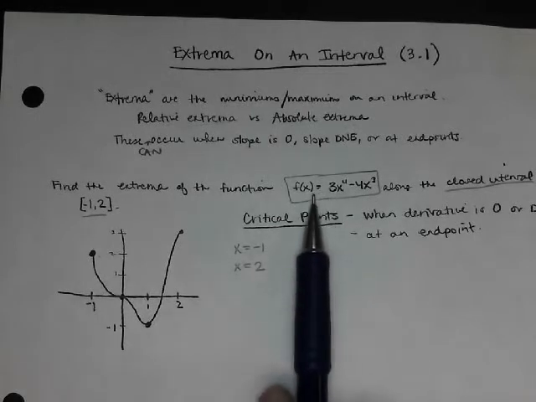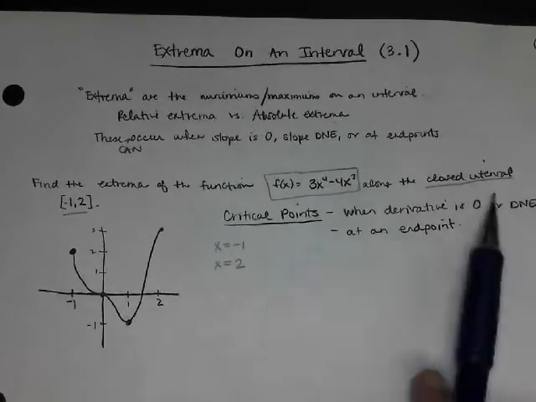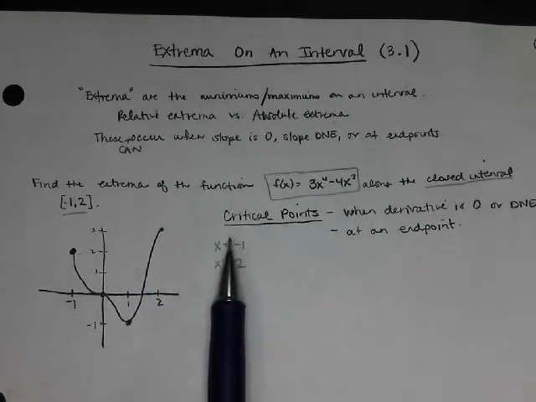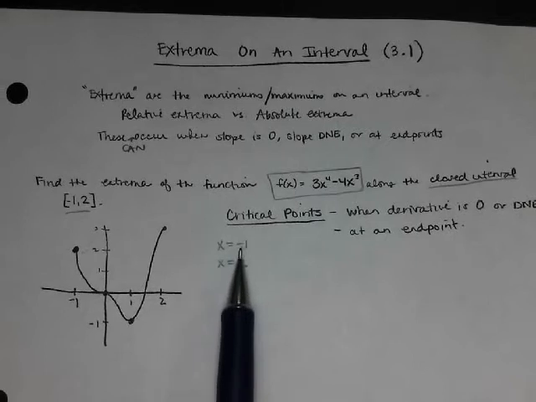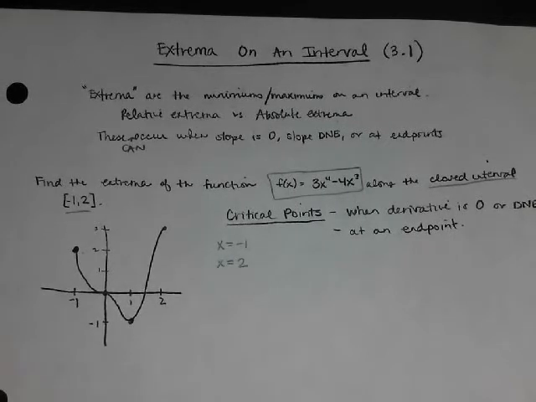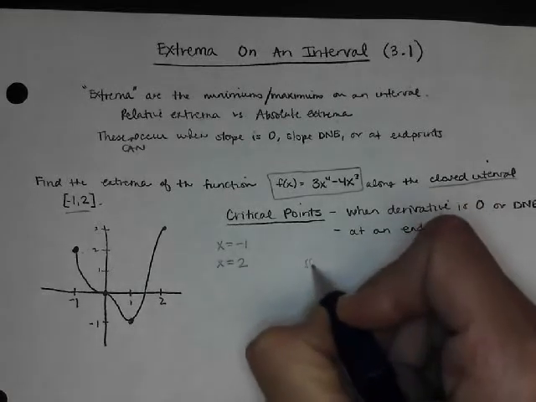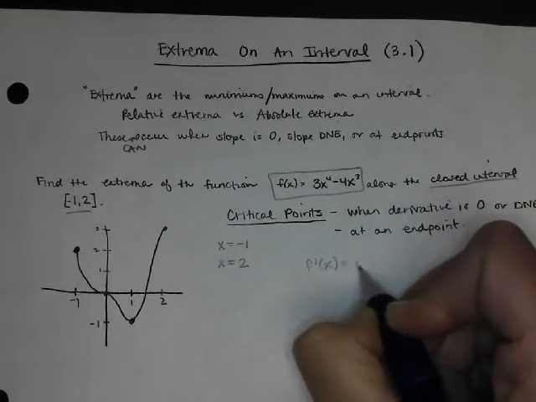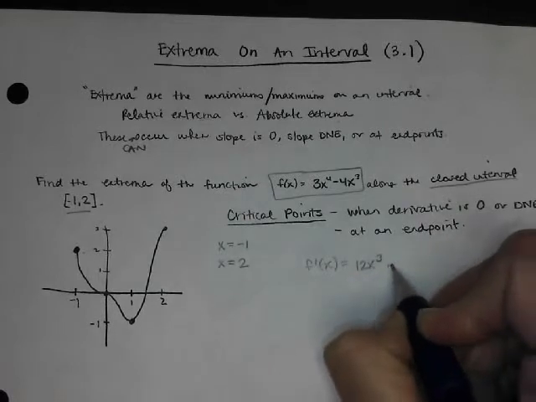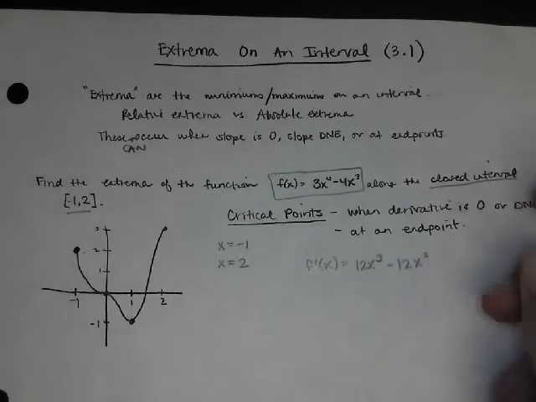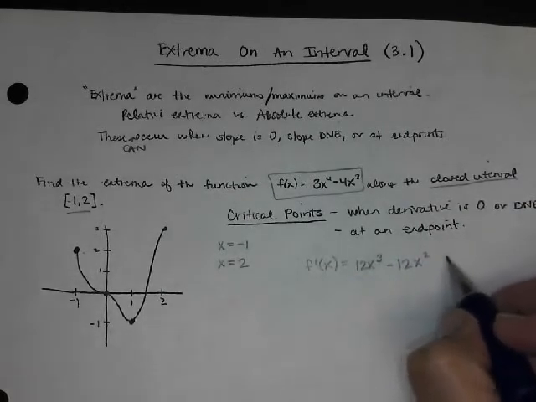So on this first one, we have the function, and it's on this closed interval. The first two critical points I just get out of the way are the critical values, -1 and 2. The other critical values are where our derivative, so it's just a simple power rule, 12x cubed minus 12x squared, is 0 or undefined.